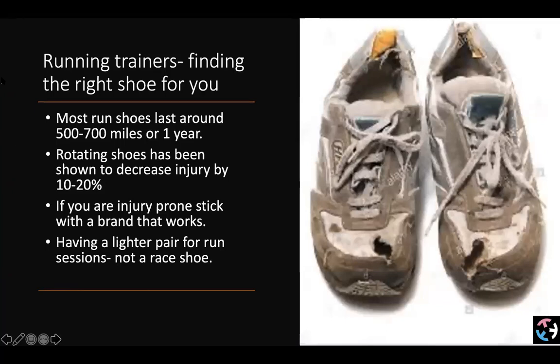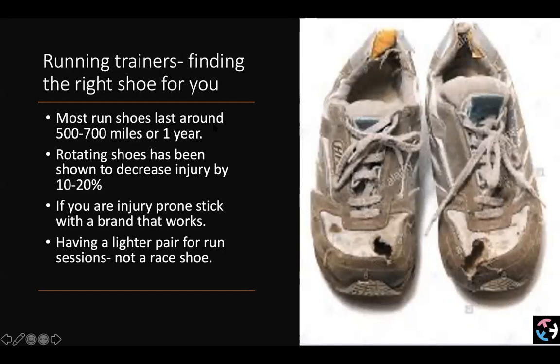Yeah, so a little bit about run trainers. The main thing is finding the run shoe for you. So I definitely recommend getting a gait analysis, so you know whether you overpronate, or underpronate, or if you're neutral, so that you can find the right shoe that is fitted for your gait, and that is really key.